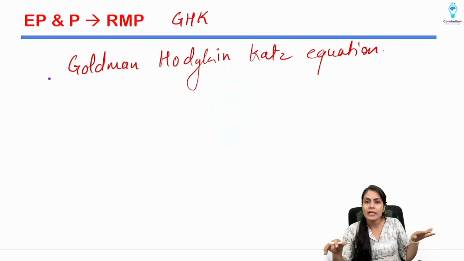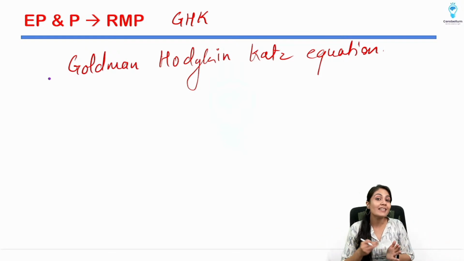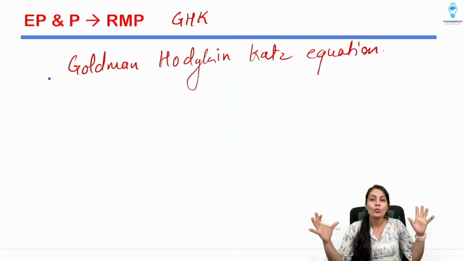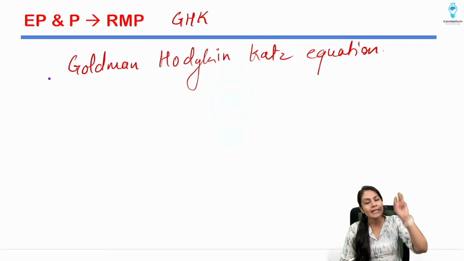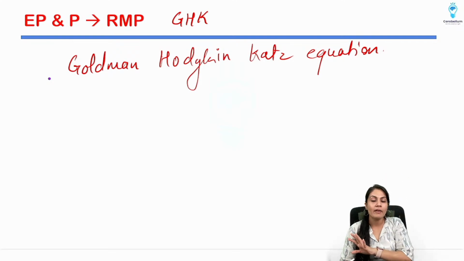There are many ions present inside and outside which are going to affect the RMP. So you have to see how many ions are there outside, what their charges are, and you have to add them up. So in total, I can calculate the Nernst equation or equilibrium potential for all the ions at the time of rest.